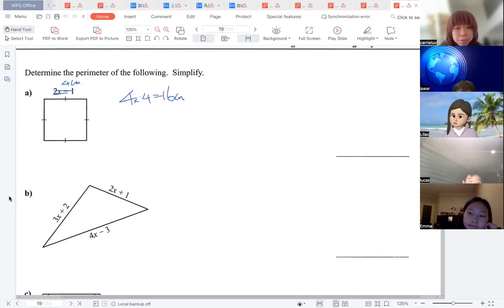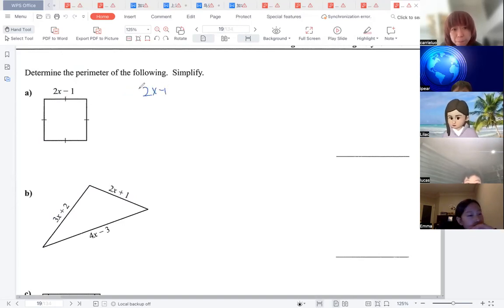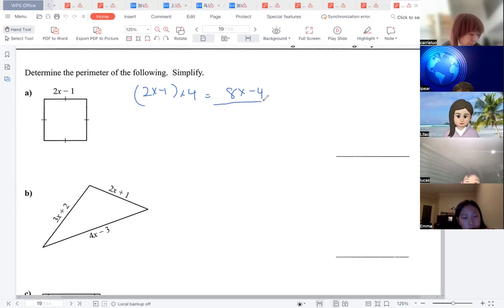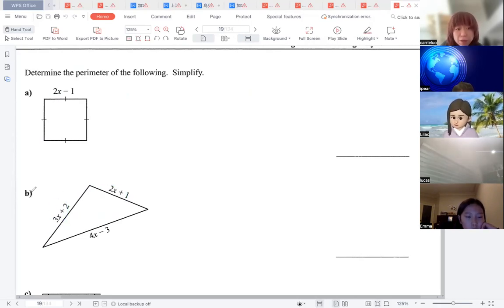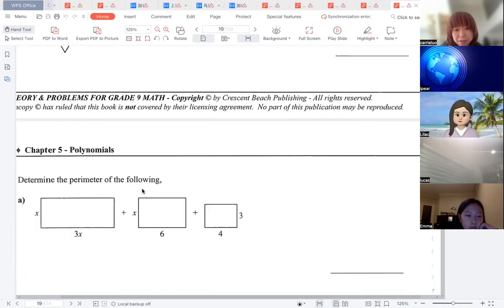But for this question, we are changing the side to 2x minus 1. 2x minus 1 times 4 equals 8x minus 4. Get it? That's the same thing as calculating the perimeter: you just add them together. Consider the polynomial as a number. That's it.